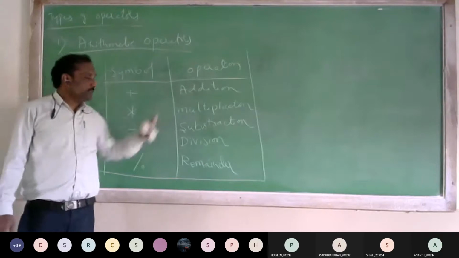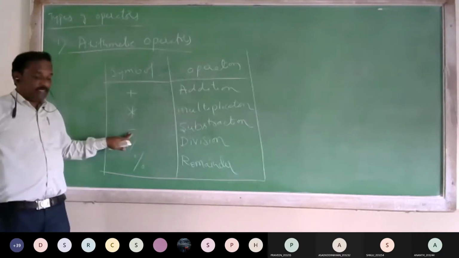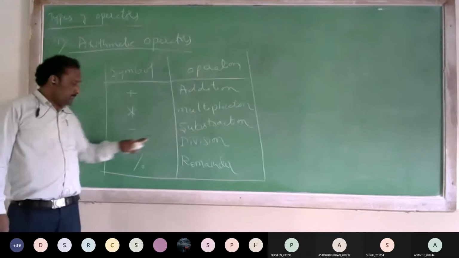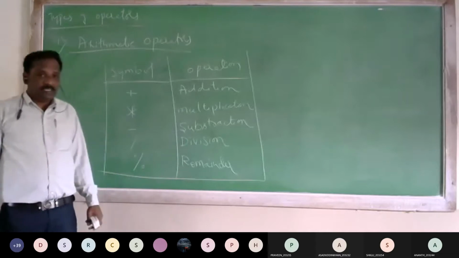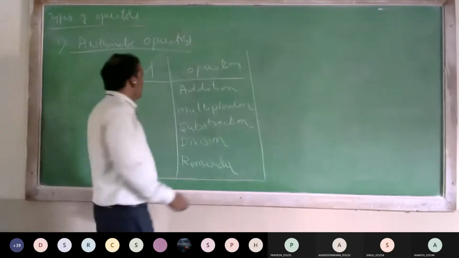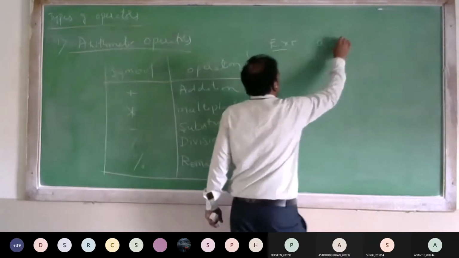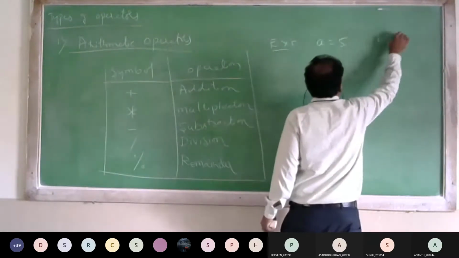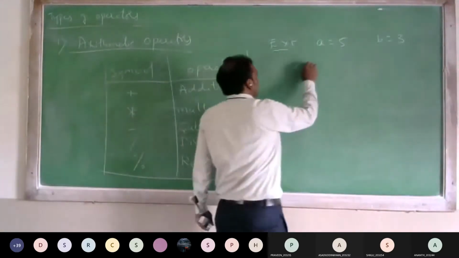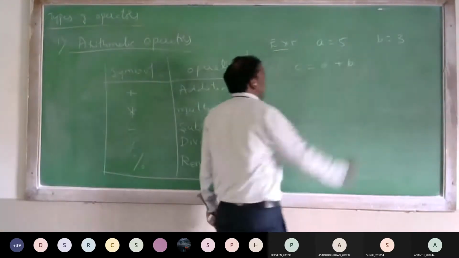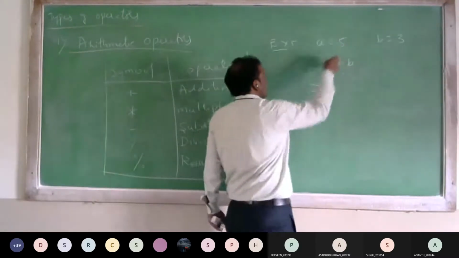So the plus symbol we use for addition, star for multiplication, minus for subtraction, slash for division, and the percentage symbol for remainder. Example: if A is containing 5 and B is containing 3, and I say C is equal to A plus B, what is the value of A?